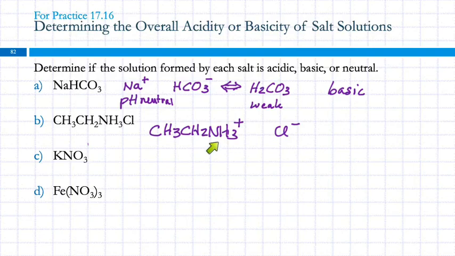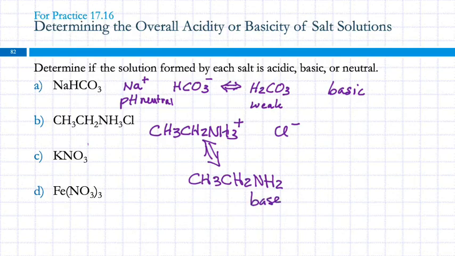Yeah, so seeing the N in there should make us think, oh, that's either a base or a relative of a base, the conjugate of a base, right? So here, when we take the Cl minus off, this has a positive charge. And so its relative is going to be CH3, CH2, NH2. Removing a hydrogen ion, so this is a base.